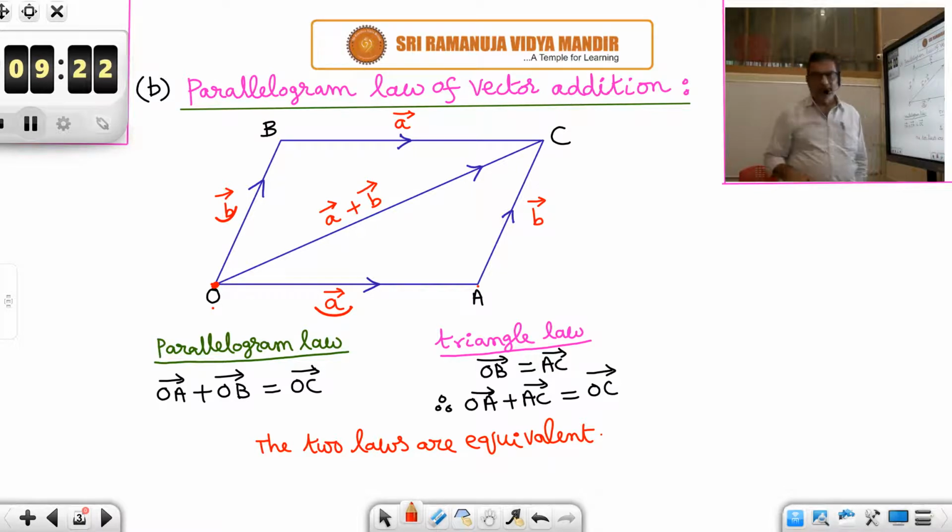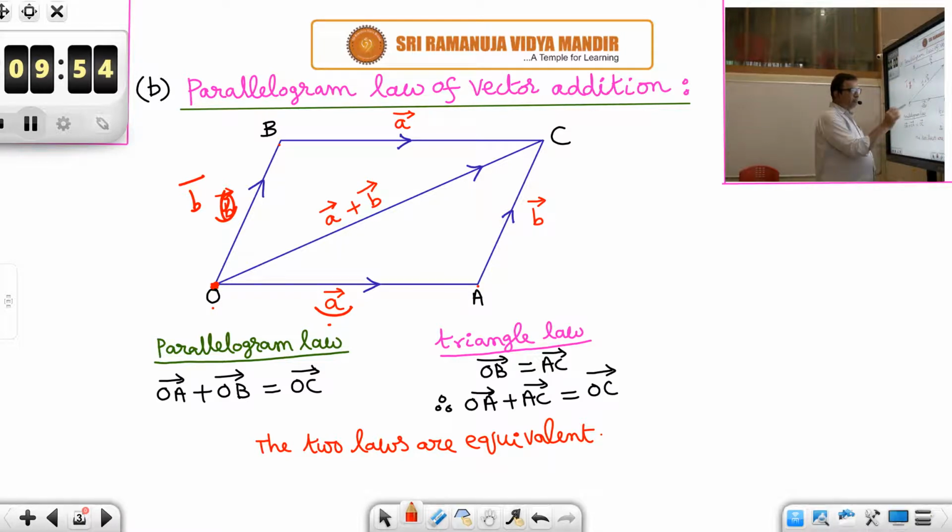In the previous method, at the terminal point of the first vector, we put the initial point of the second vector. Here in the parallelogram law it is not so. The two vectors are placed with the same initial point only. Co-initial vectors we call them. For a bar, O is the initial point, b bar also has O as the initial point. So OA bar will represent a bar, OB bar will represent b bar.